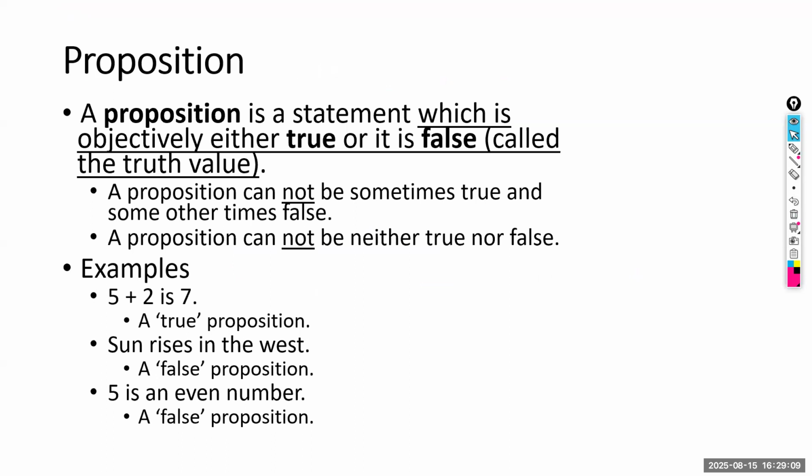That means 100% you should be able to say that it is true, or 100% you should be able to say that it is false. Then that statement is a proposition. If you can't tell, or there's a possibility, say 10% true and 90% false, then it is not a proposition.